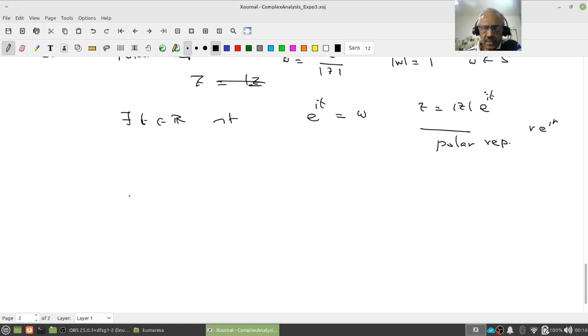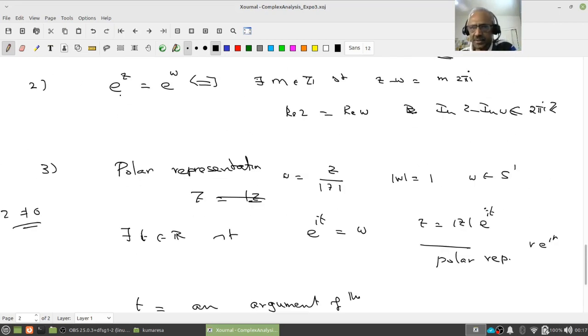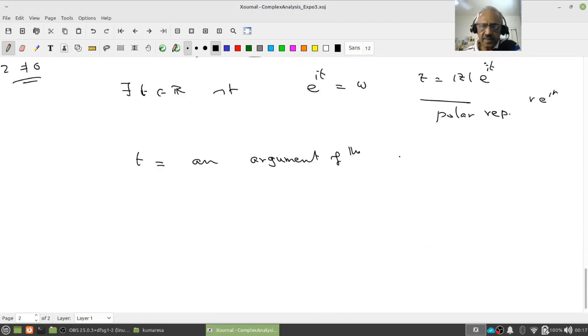Therefore this t is called an argument of the complex number z, and I am assuming it is a non-zero complex number, because I want to write z by mod z.